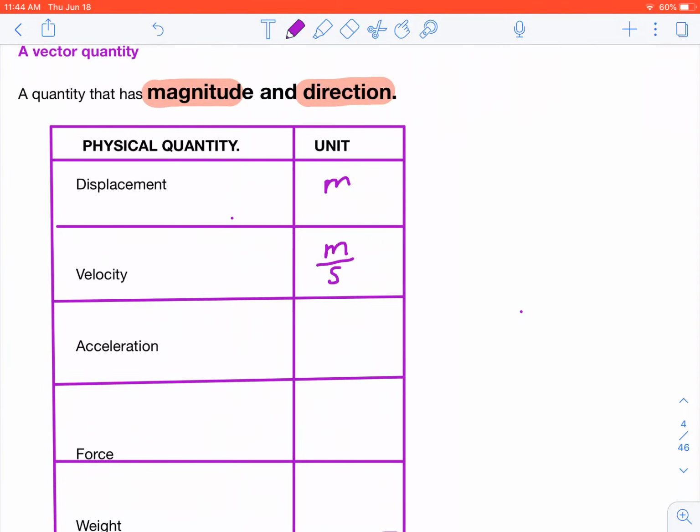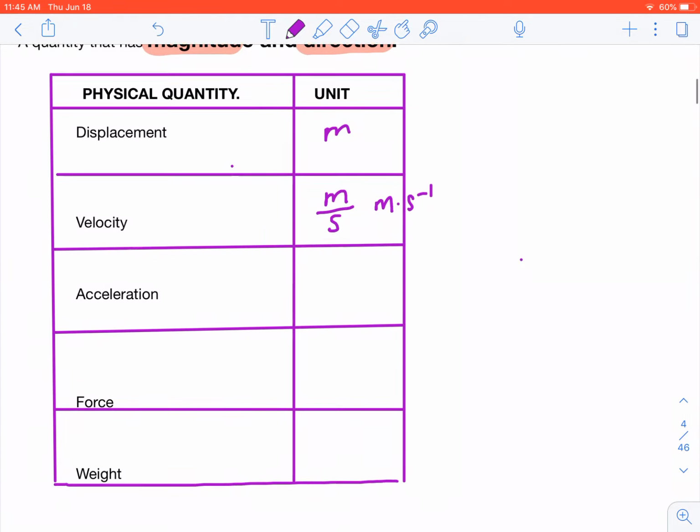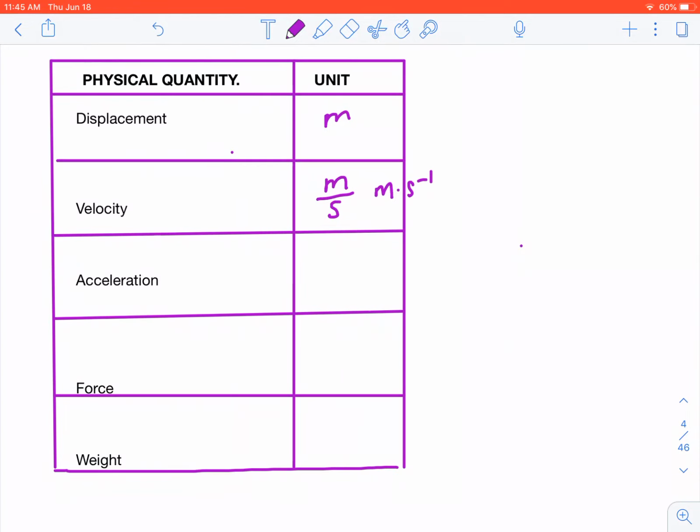Velocity, the unit of velocity is meters per second. How many meters are covered in a second? Or we could also write it as meter s minus 1. Acceleration and velocity is also a vector quantity. Acceleration is an indication of how fast the velocity is changing per unit time.